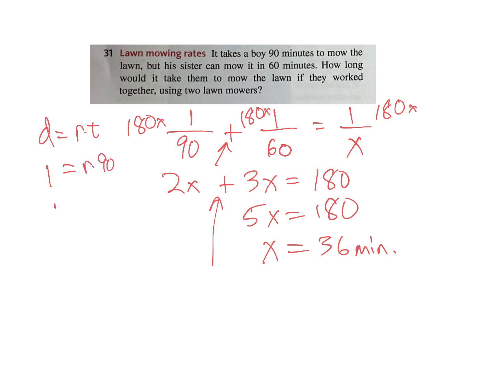So the rate is 1 over 90. That's how fast the boy does it. So that's where this is coming from. And the girl is doing 1 lawn in 60 minutes. So that's what we call a unit rate. All right? Tough question. All right. That's it.